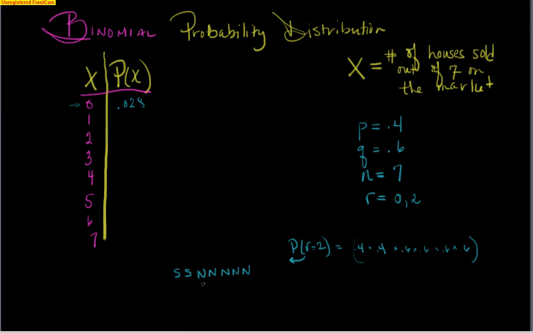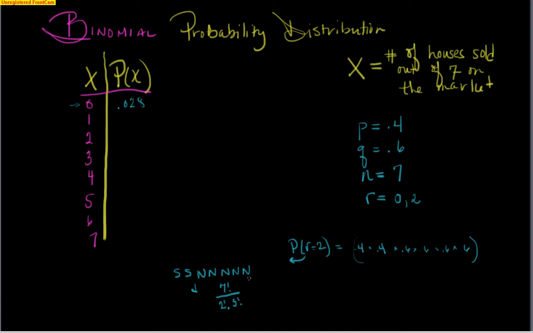If we remember from all the work we've been doing on probability, there are 1, 2, 3, 4, 5, 6, 7. So remember, there's 7 factorial ways that this can be arranged, divided by the repeats, which is 2 factorial because there's 2 S's, 2 sales, and 5 houses that do not sell, 5 factorial.